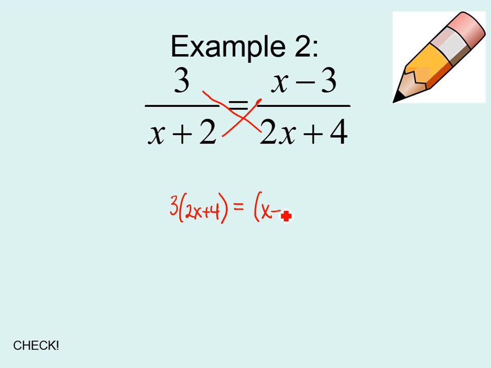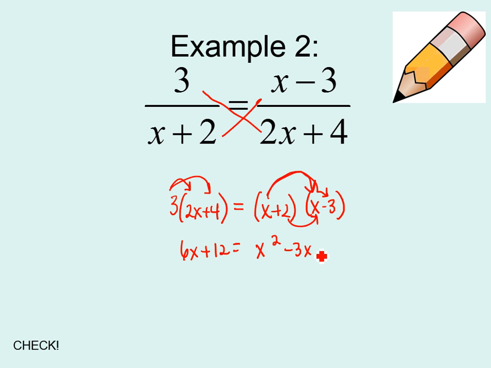But what that means is you have a binomial times another binomial, and remember you have to double distribute there. Over here it would be single distributing. So it'd be 6x plus 12 equals double distribute: x squared minus 3x plus 2x minus 6.